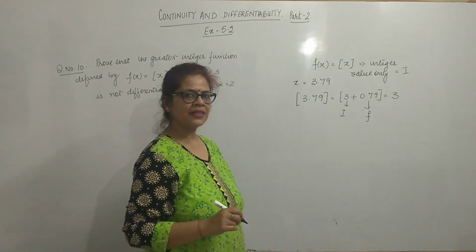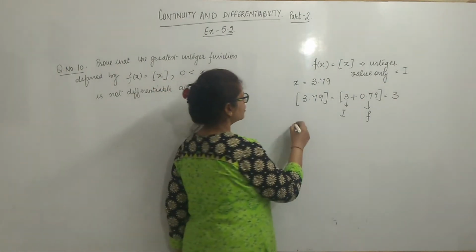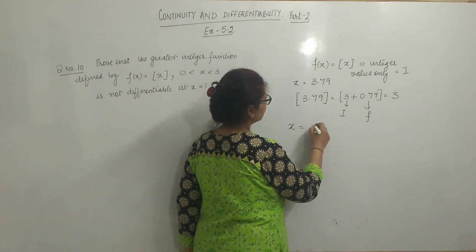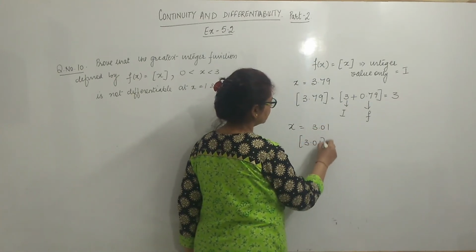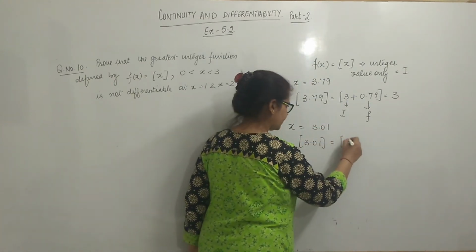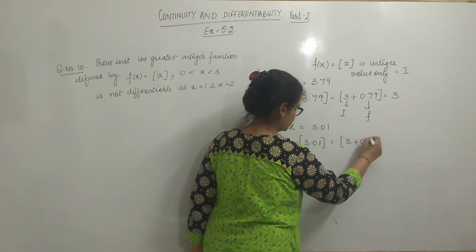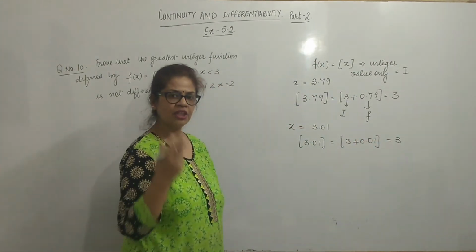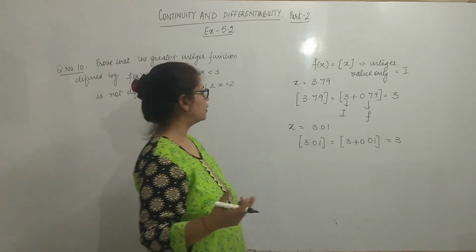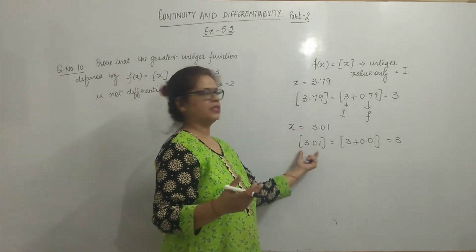That's why it is known as greatest integer function. Suppose x is equal to 3.01. 3.01 can be written as 3 plus 0.01. Your answer is 3. You are taking integer value only. You are not making round of it.